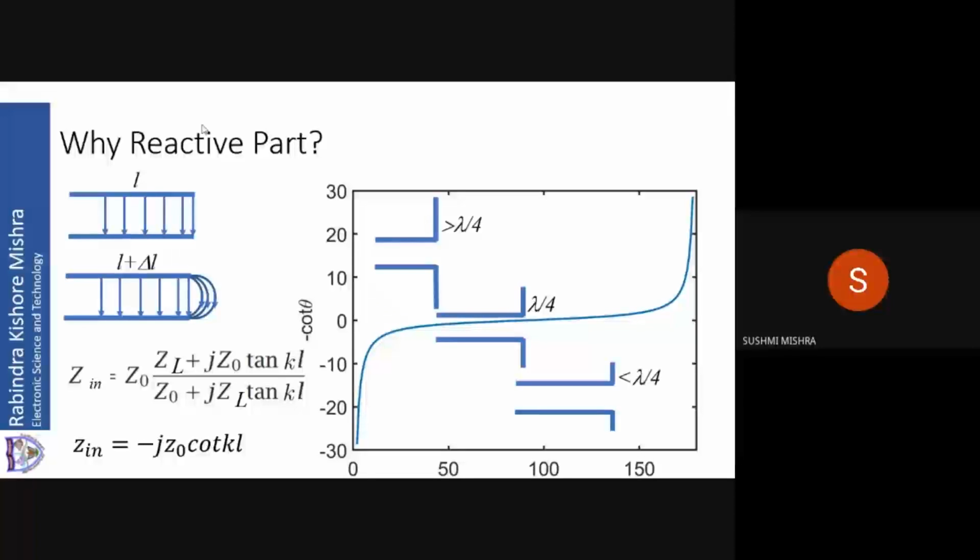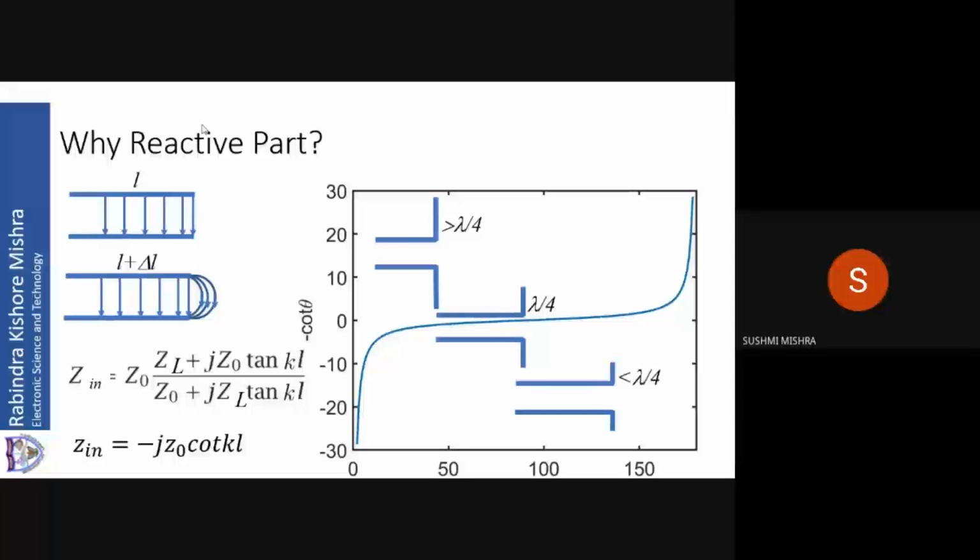Now you can see that as KL varies from 0 to 90 degrees, this minus cot KL is negative, which means Zin is capacitive in that range.